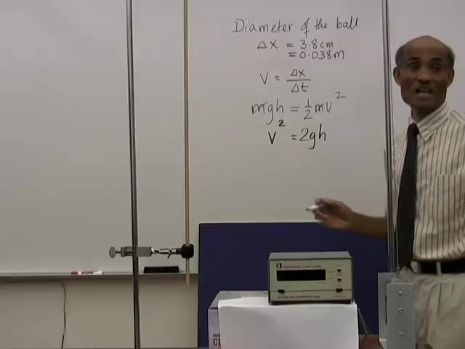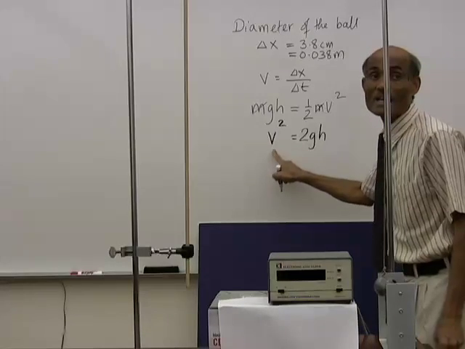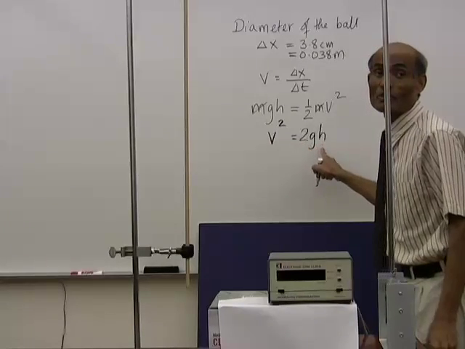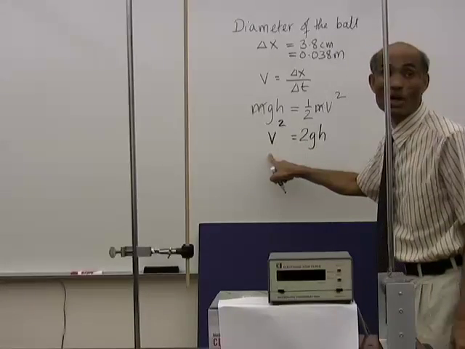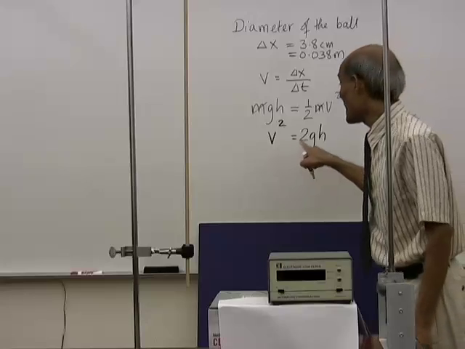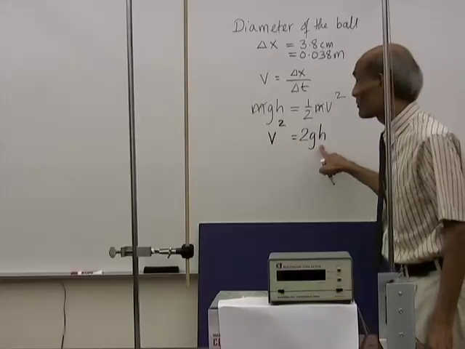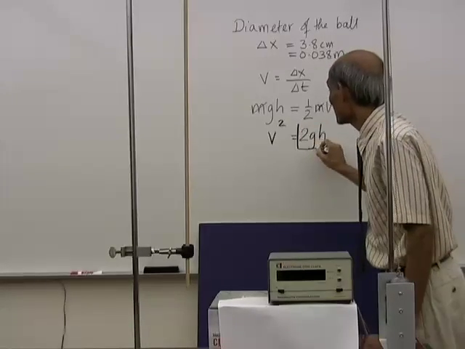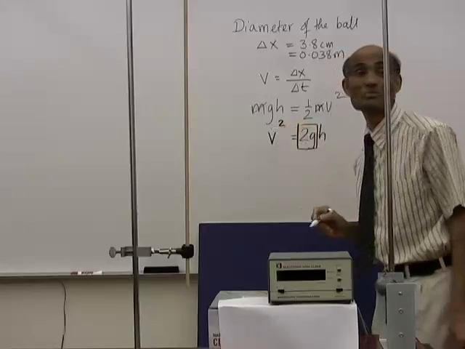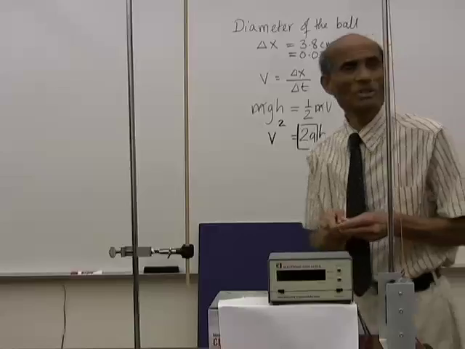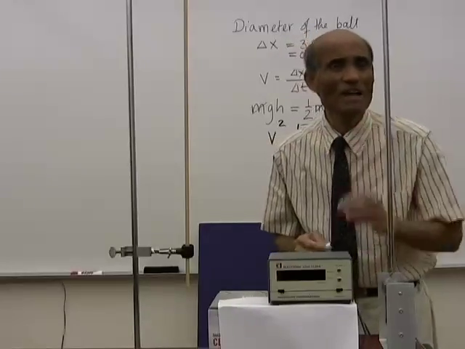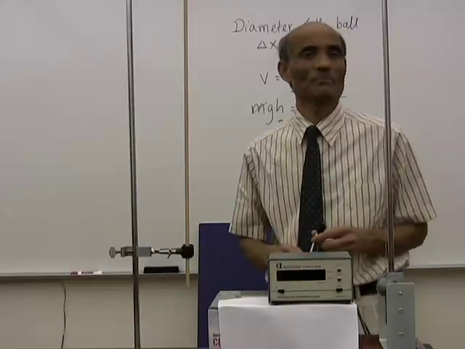That means this is now of the form y equal to mx. So if you plot a graph of v squared on the y-axis and h on the x-axis, the slope of that graph will be 2g. Now you will be able to obtain a fairly good value of g from here.